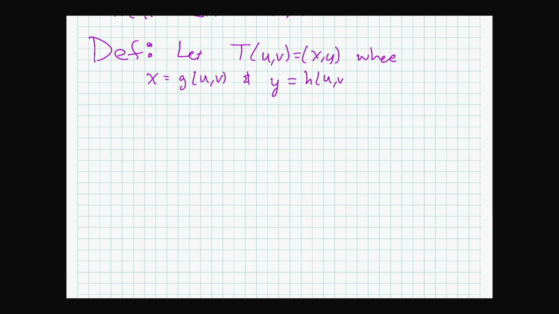So let T of (u, v) equal (x, y), where x is a function of u and v, and y is also a function of u and v. So this is all the same stuff. It needs to be 1-to-1.